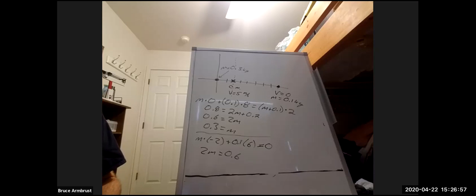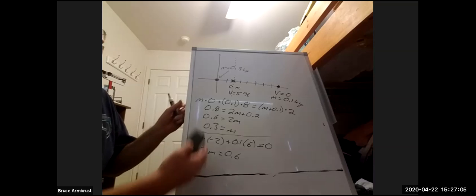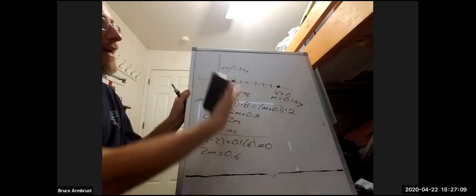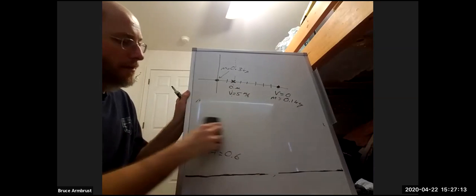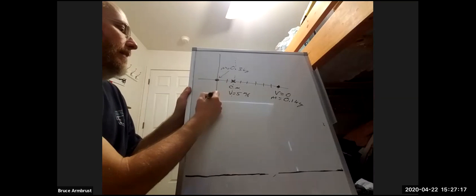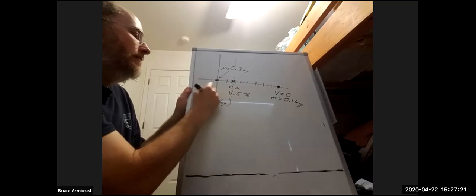Okay, so now let's go to momentum. We need to get the total momentum, because we know the momentum of these two added together has to equal the momentum of the center of mass. So we're going to have 0.3 kilograms times its velocity.